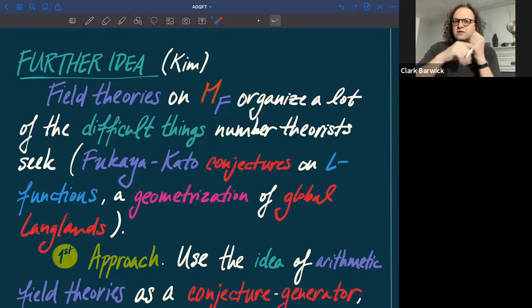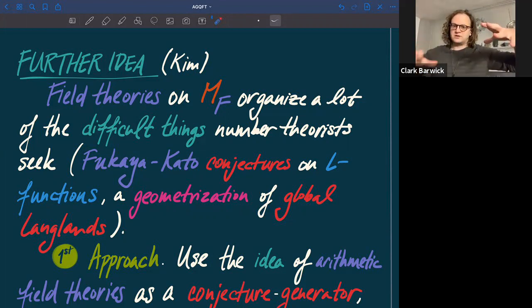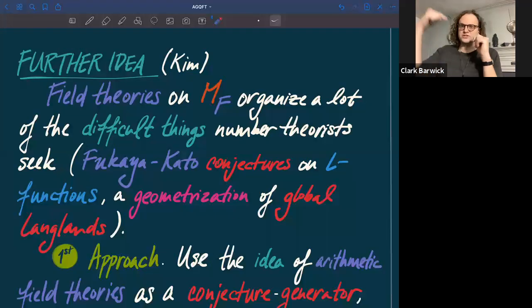More precisely, the Fukaya-Kato conjectures predict the following. If you look at the moduli space of constructible sheaves, so these are sheaves on MF, and then look at the determinant bundle over it, the L function should essentially be reconstructible from a kind of amplitude on that. There's a certain section of that determinant bundle.